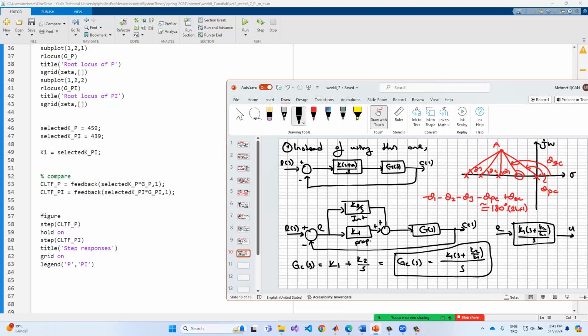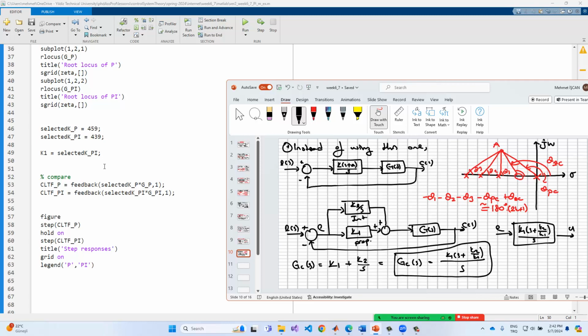Bilge, how can we compute this k2? No, because the 439 is equal to the k1, just like this one, the proportional coefficient.